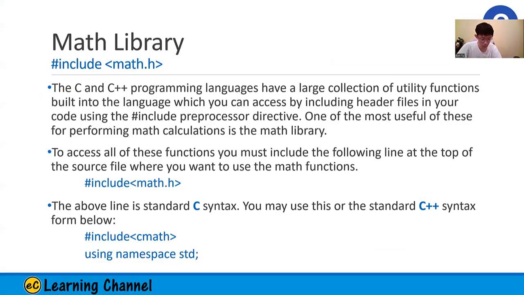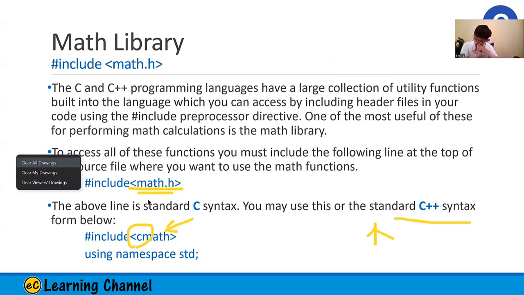Okay, next one is math library. Math library is the mathematical operations that you need, okay? So in C language, you use math.h. In C++, you use cmath, you still can use the same library in C++. We'll talk about this later, okay? But at this moment, you know that you just include math.h.